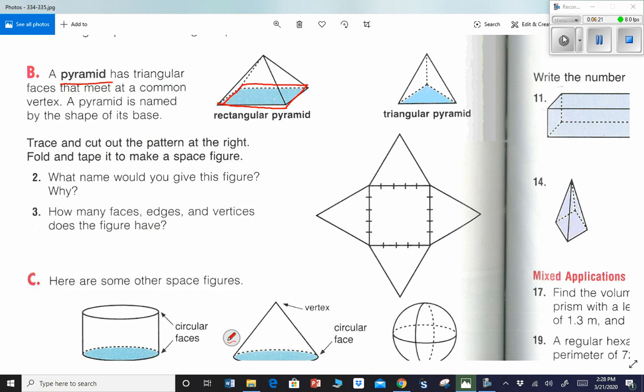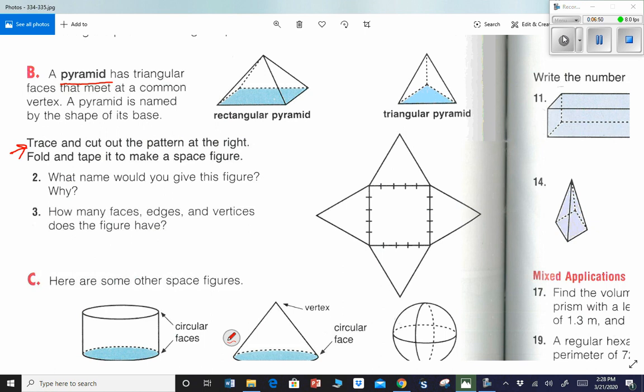This is called a rectangular pyramid because its base is a rectangle. This one is called a triangular pyramid because its base is a triangle. It's a pyramid because all these sides here are triangles and they come to a point up there at the top. Okay, so you learned about prisms and pyramids.